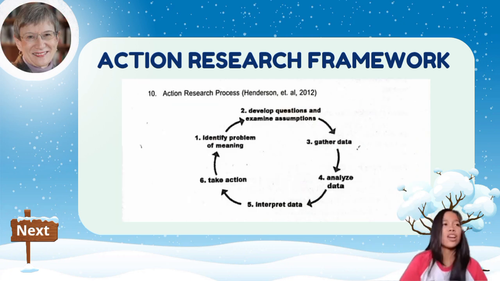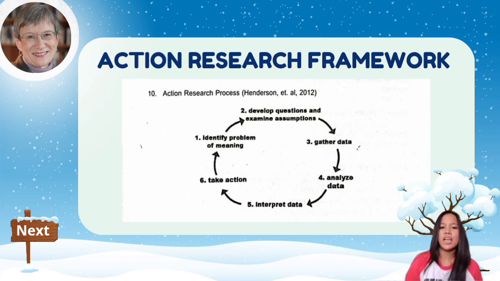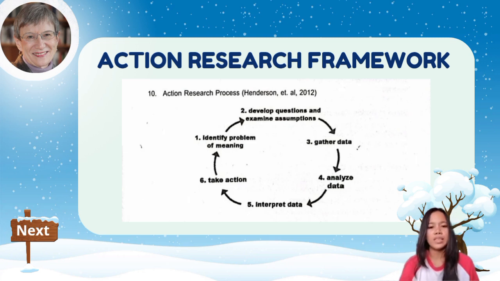Henderson et al.'s action research process. So this model begins with identifying a problem that needs to be understood or improved. Once the problem is recognized, the researcher develops research questions and examines assumptions related to the issue. The next step is gathering relevant data to investigate the problem.